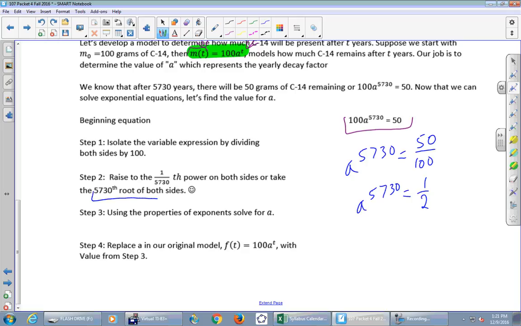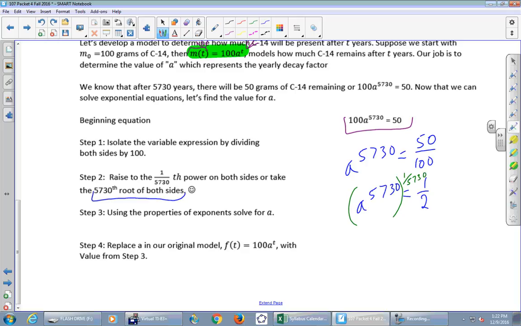Instead, we've got our number raised to the 5,730th power. So we need to do the opposite of that, right? And the opposite of raising something to the 5,730th power is to take the 5,730th root, which is kind of a mind-blowing thing to think about. So maybe easier would be to raise this side to 1 over 5,730, because what do you do with those powers?